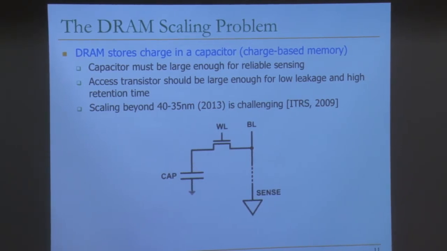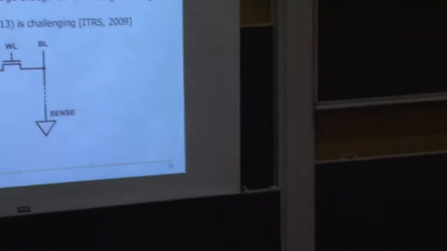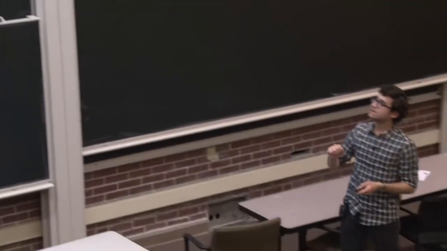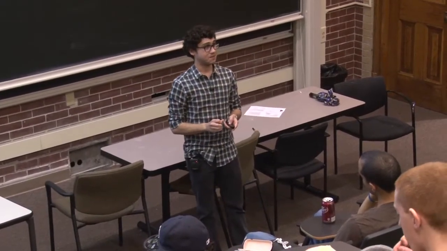And that needs to be large enough to have low leakage and high retention time. So this means we don't want to refresh these cells all of the time. We need something that blocks off the charge from leaking, right? And so scaling beyond some current technology nodes can be really challenging, okay?